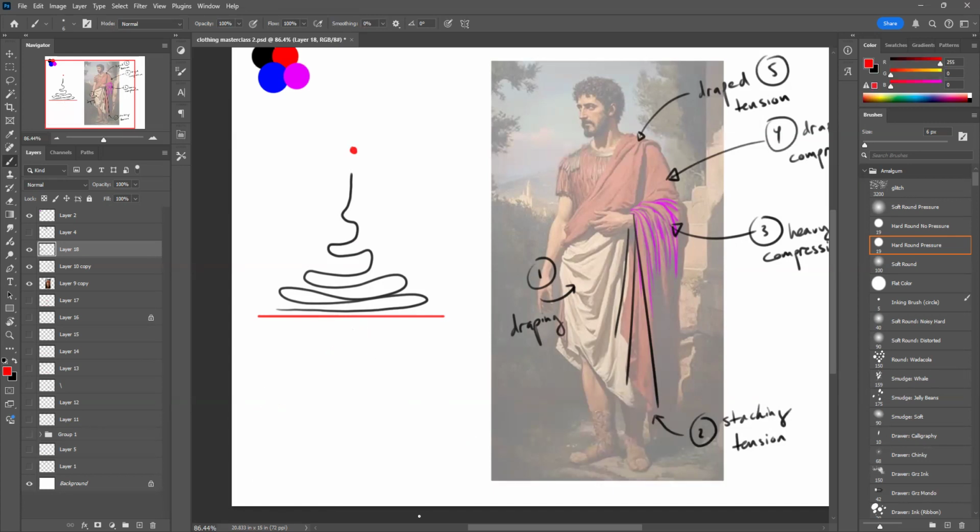The severity of the wave depends on how much fabric is stacking on itself, as well as the qualities of the fabric. That goes into loose versus really structured fabric, and how much it tries to retain its own shape. But in general, you can't go wrong with this wavy thing.